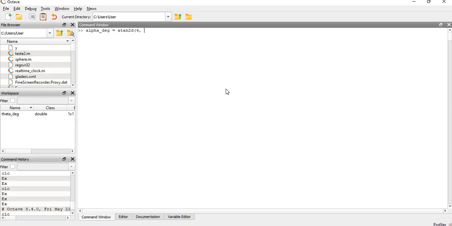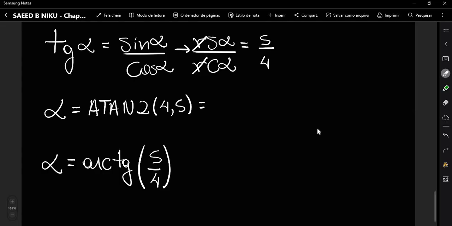This calculates in degrees. Okay, 38.6. So this is equal to 38.6.